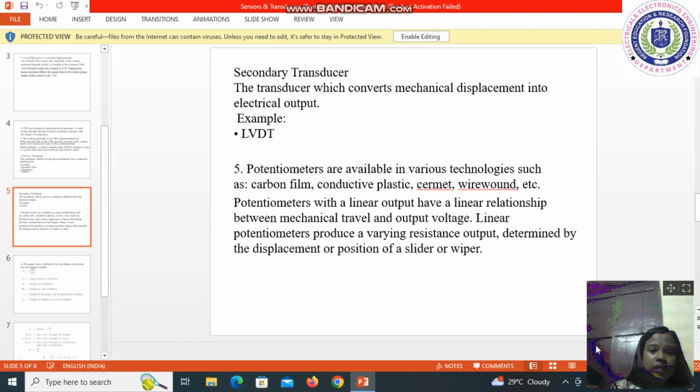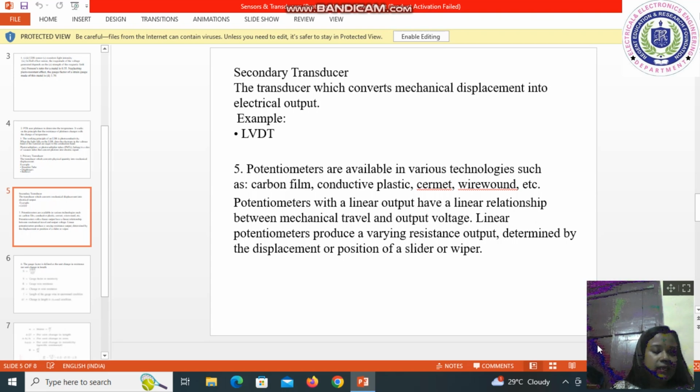We know that potentiometers are available in various technologies such as carbon film, conductive plastic, ceramic, wire wound, etc. The rating or resistive value of a potentiometer or variable resistor relates to the resistive value of the entire stationary resistance tracked from one fixed terminal to the other.